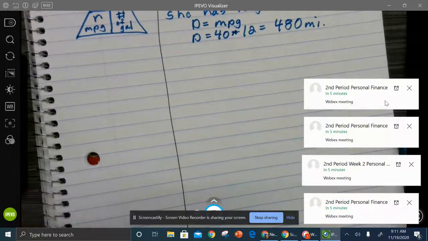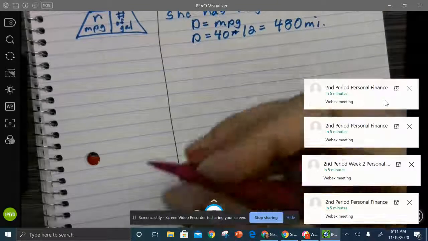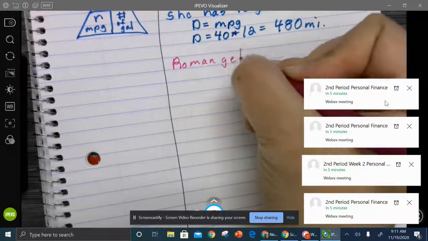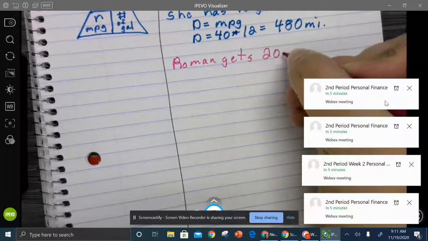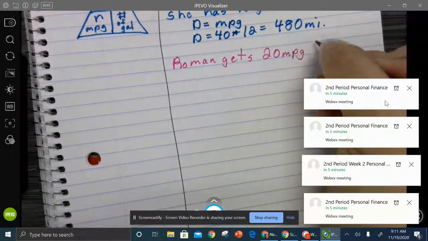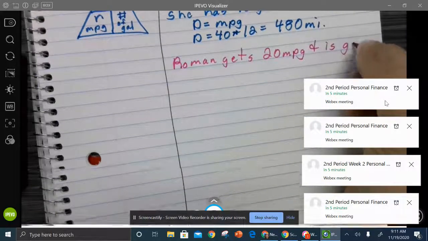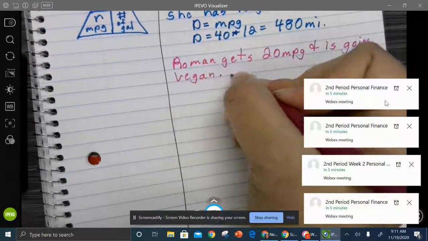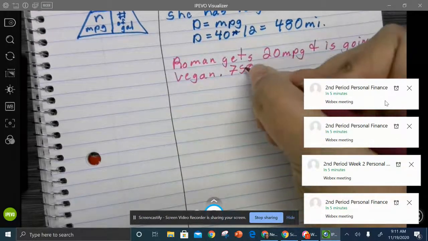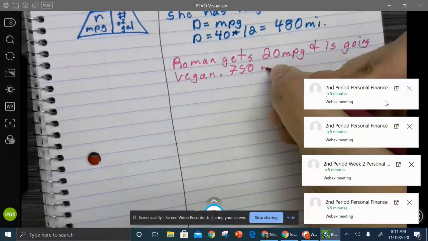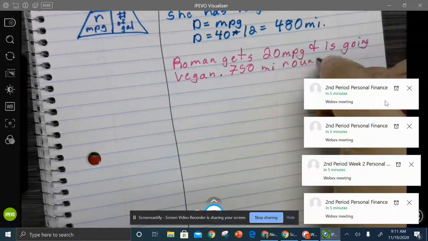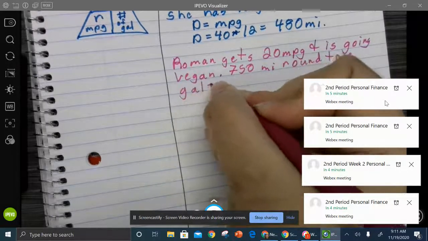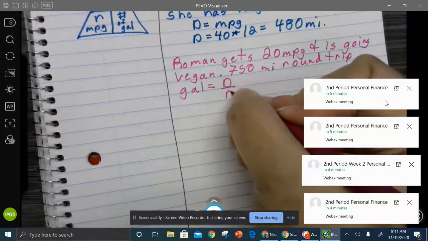We could also do, let's say that we needed to do this one. Roman gets 20 miles per gallon, and he's going to Vegas, a 750 mile round trip. The number of gallons is going to equal distance divided by the rate, right?